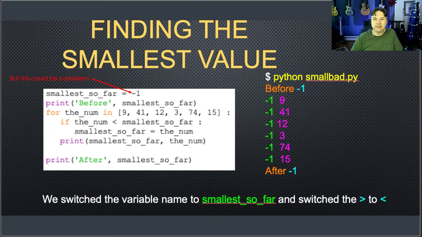The problem is that that -1 might cause problems, right? Because here's the smallest value so far, where you'll see it here in a minute. It causes this problem right here. We have a small value. We're testing everything against the smallest value. And we may not know what values are in our list. So it turns out checking against -1 is not always great.